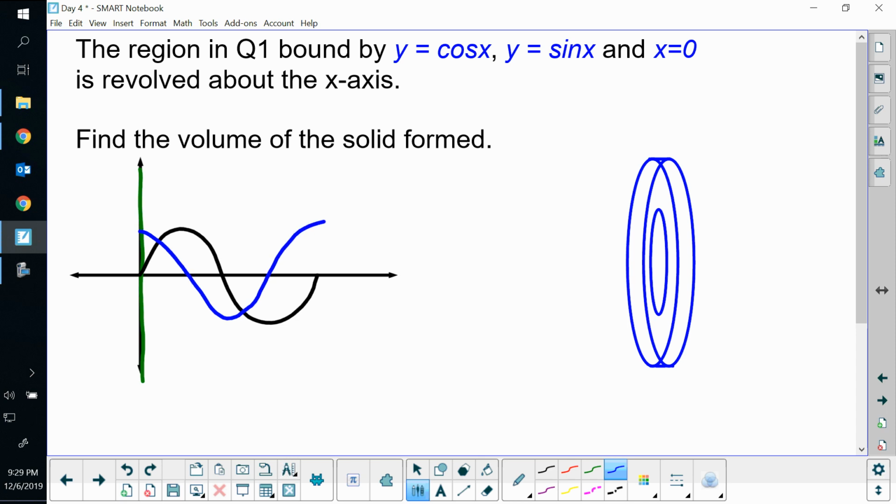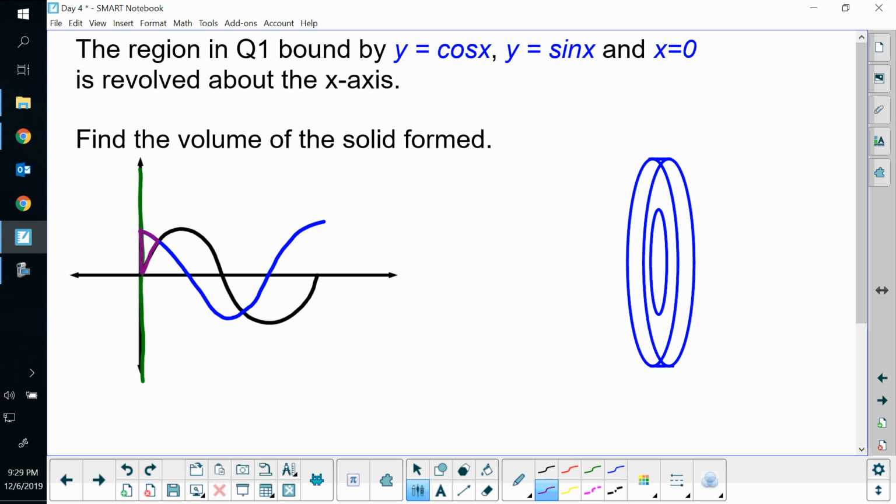There's roughly cos. In the first quadrant, we need a section that is walled by all 3 of those things. That section would be right here. So that's the region that we are spinning around the x-axis.